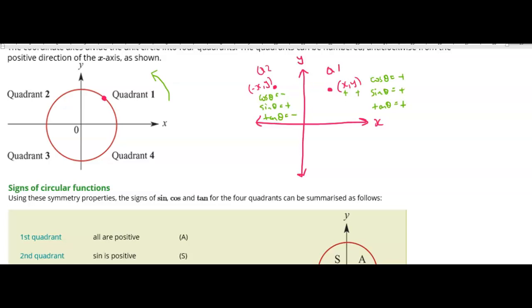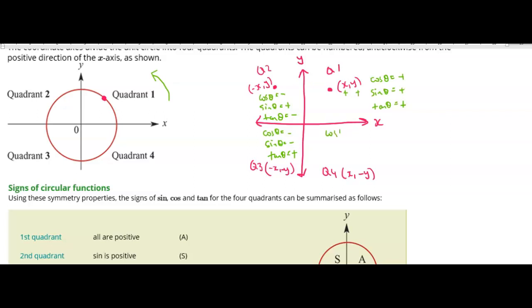Then in quadrant 3, again, x is negative, but y is also negative. So that means both cos and sine are negative. And tan, though, is positive, because a negative divided by a negative gives you a positive. And then our last quadrant, quadrant 4, we've got x is positive, but y is negative.